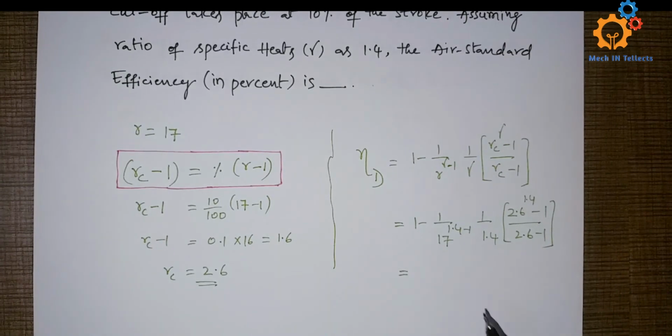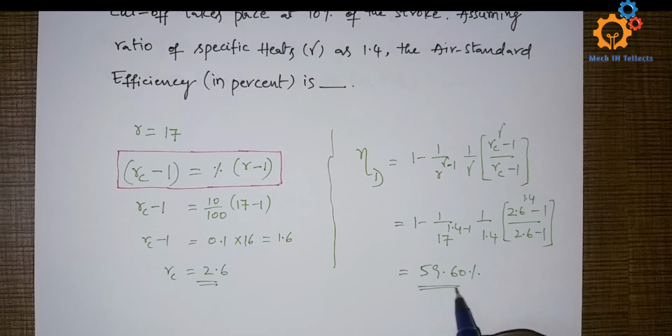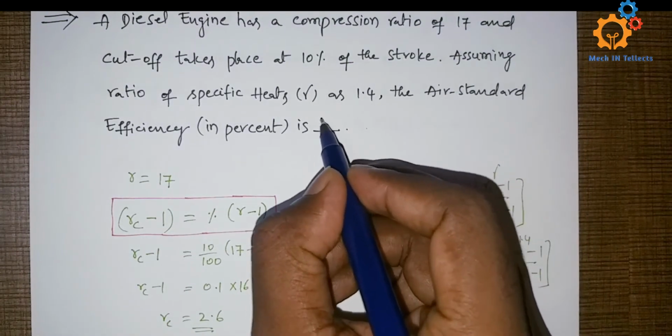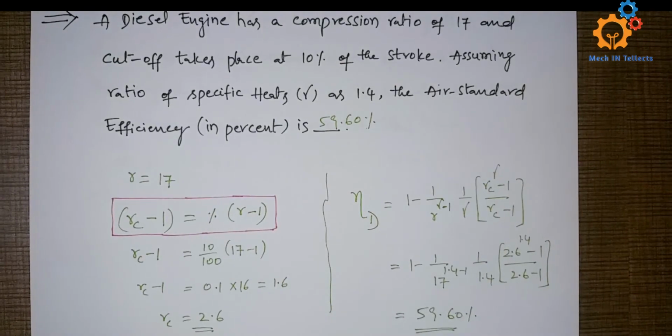If I solve this, I will get 59.60 percentage. This is the air standard diesel cycle efficiency. So answer is 59.60 percentage. Okay, understand?